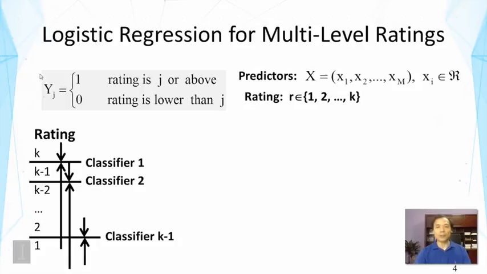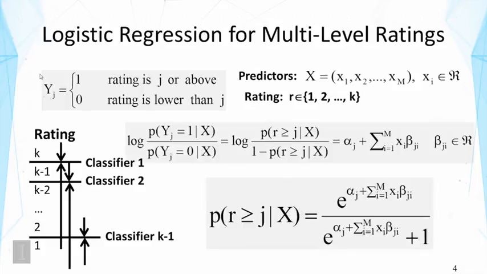So altogether, we'll have k minus 1 classifiers. Now, if we do that, of course, then we can also solve this problem. And the logistic regression program would be also very straightforward, as you have just seen on the previous slide. Only that here we have more parameters, because for each classifier, we need a different set of parameters.